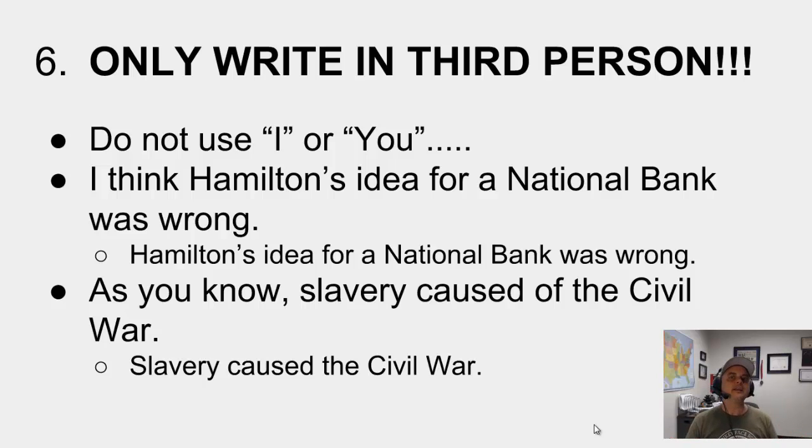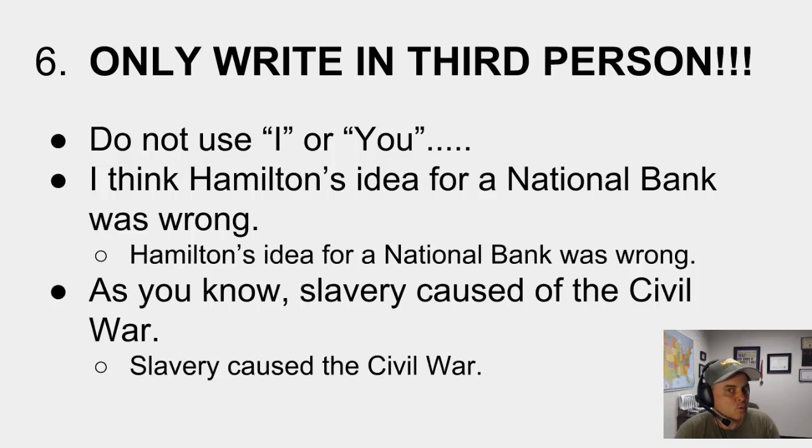So this is one you really want to clean up. The other tips that I gave you, if you don't follow them, it definitely reveals you as not a proficient writer if you're using contractions, if you're writing in the passive voice, if you're using weak verbs, but it can slide a little bit, right? But if you write in first or second person, that's a real big red flag to somebody grading your paper.